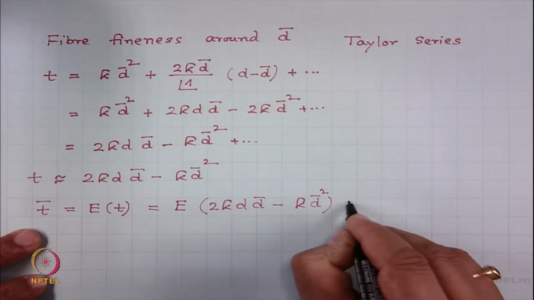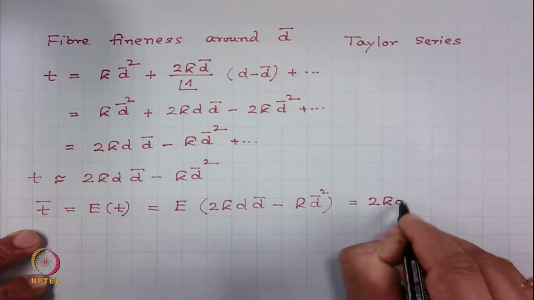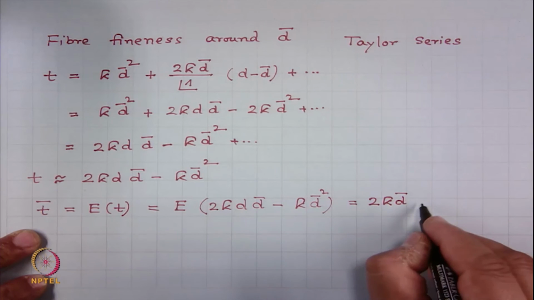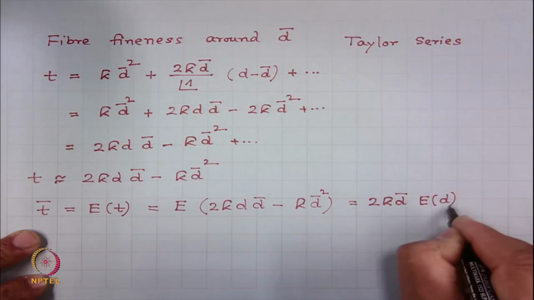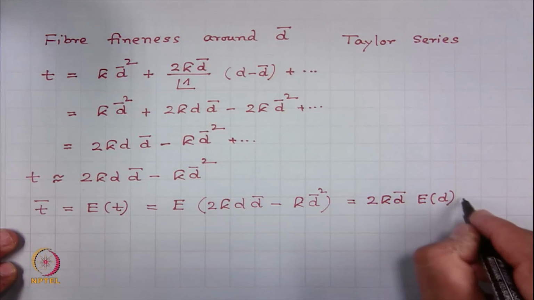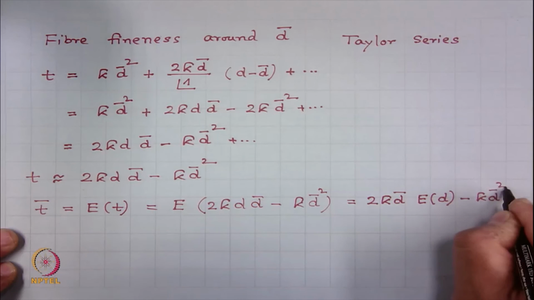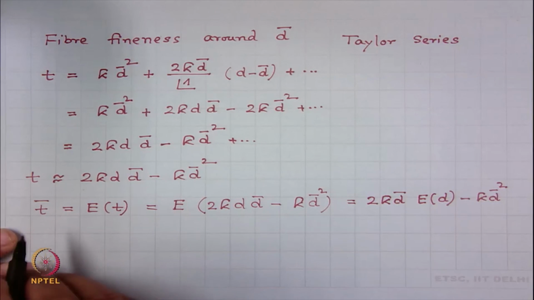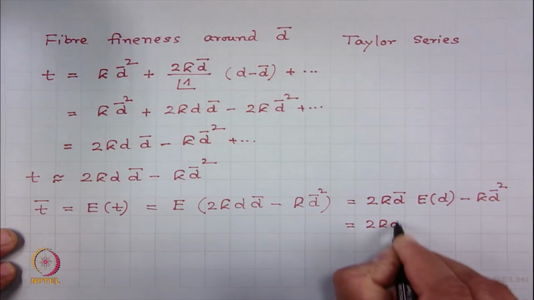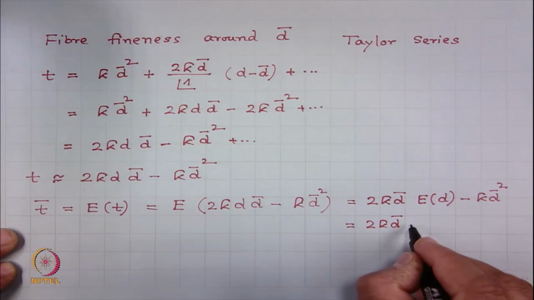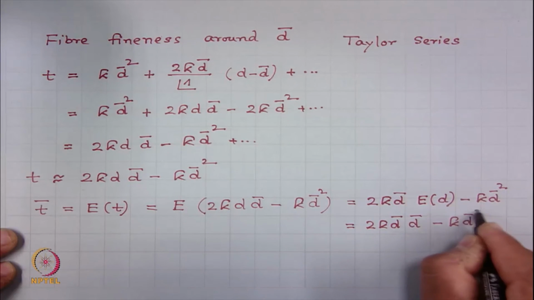So, we can write 2 k d bar into expectation of d minus k d bar square, then we can write 2 k d bar, expectation of d is d bar, minus k d bar squared.